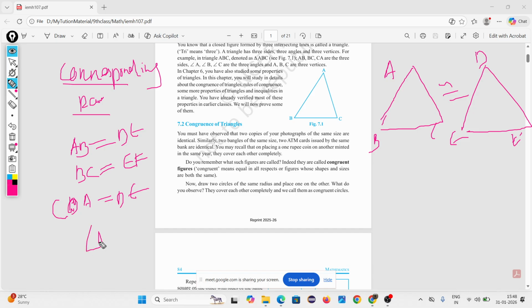And angle A equal to angle D. Angle B equal to angle E. Angle C equal to angle F.